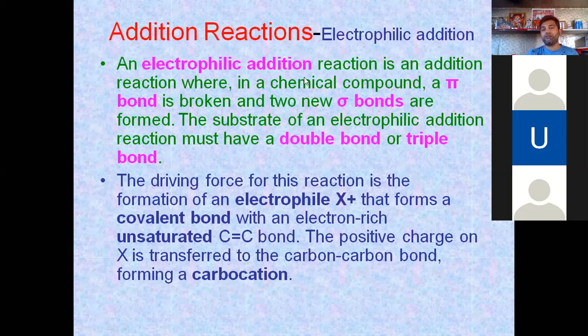An electrophilic addition reaction is an addition reaction where, in a chemical compound, a pi bond is broken and two new sigma bonds are formed.